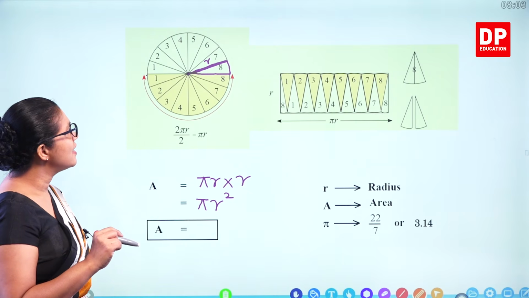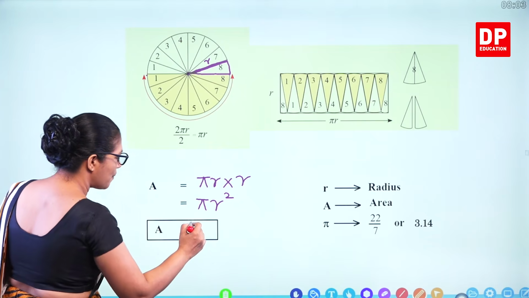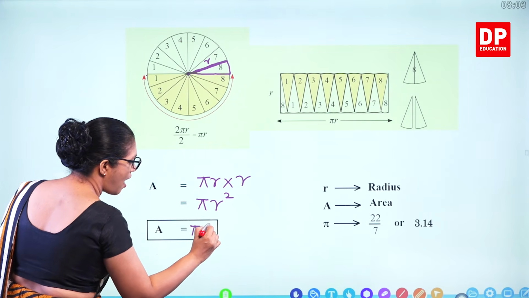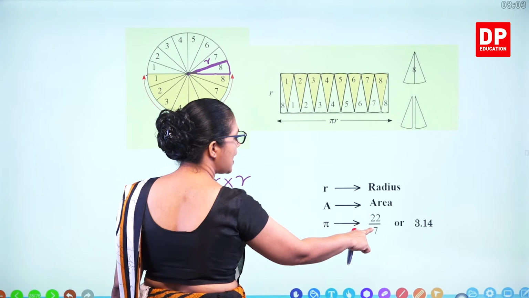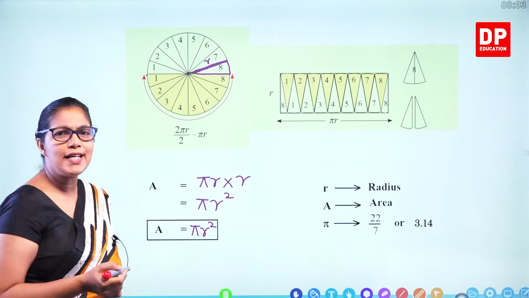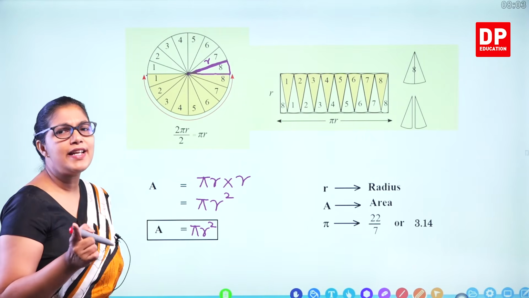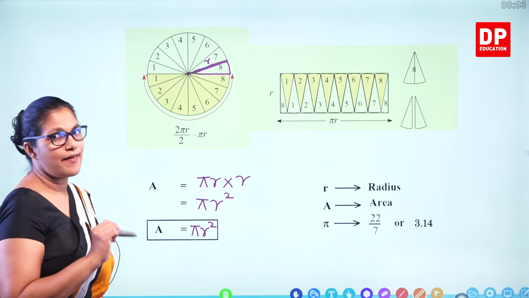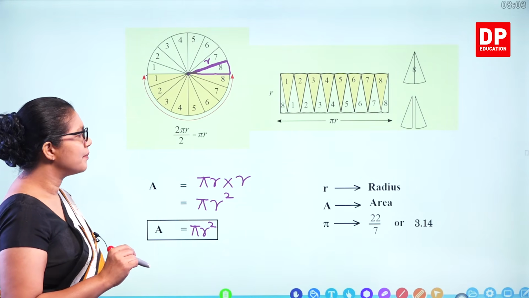Area of the circle is, if you know the radius is r, that becomes pi r square. So what's the pi value we can take? Either 22/7 or 3.14. So you need to know the radius to find out the area. Pi into r, pi r square.